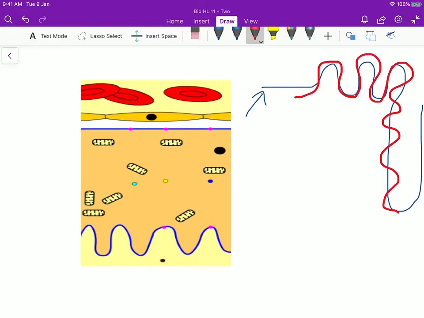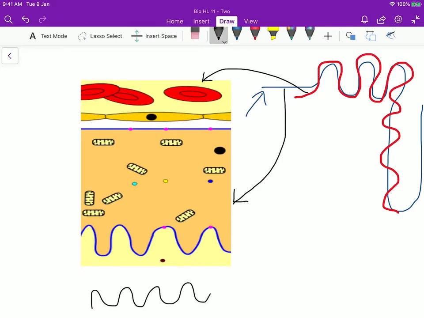So the blood vessel we can see on this diagram is over here, and the proximal convoluted tubule is this part here. We're seeing only one side of it, so actually there would be another side which is the same as above that.